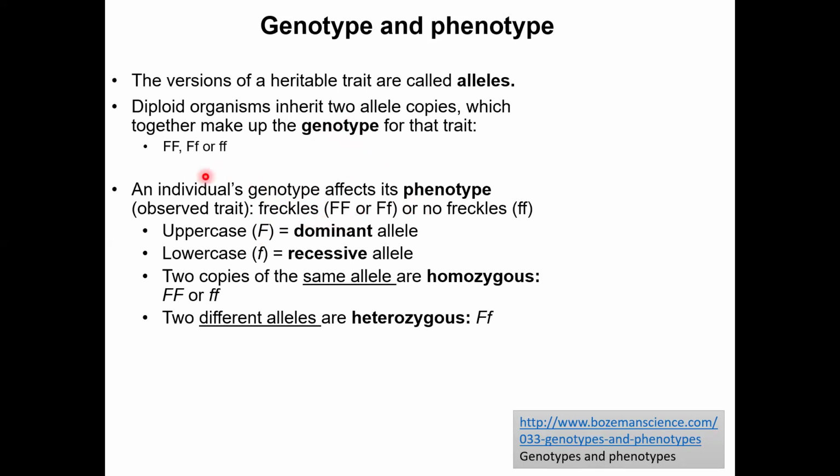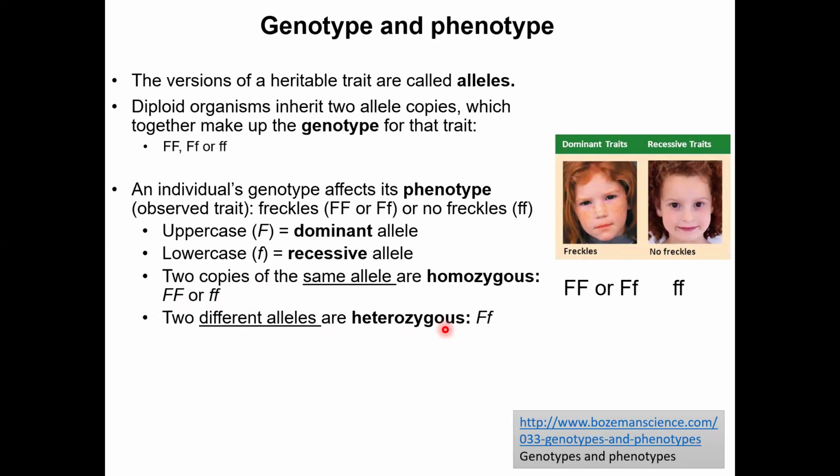So if you have these two, it's freckles for big F, big F, or no freckles with little f, and that just means that the uppercase F is dominant and the lowercase f is recessive. If you have two copies of the same allele, like these two here, those are called homozygous. And if you have two different alleles together, those are heterozygous.